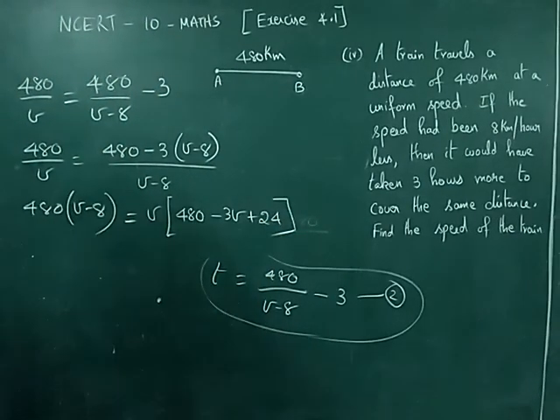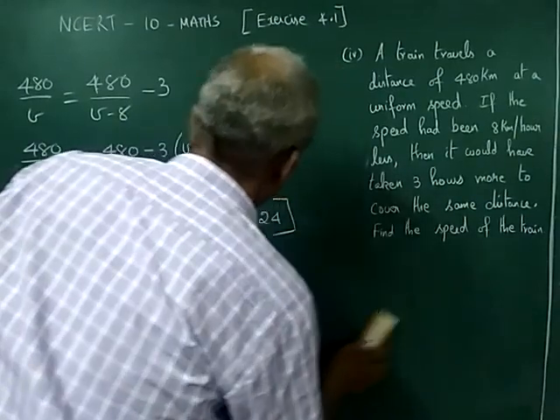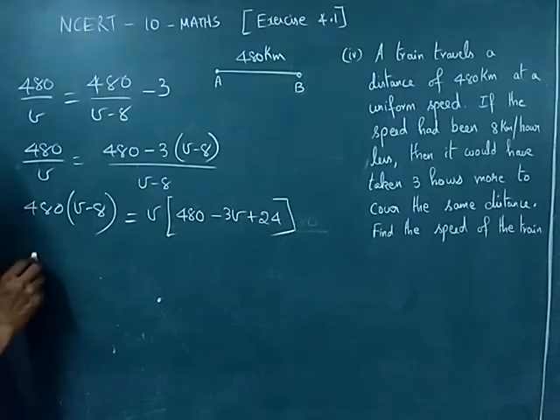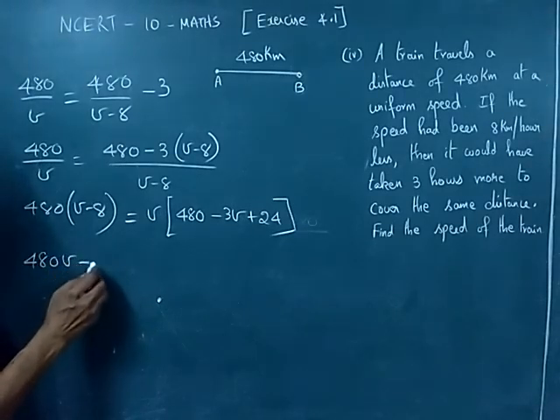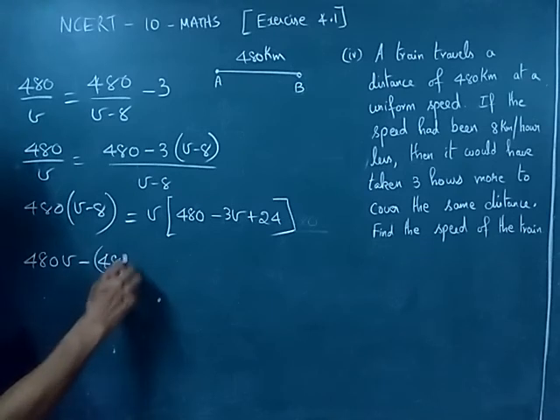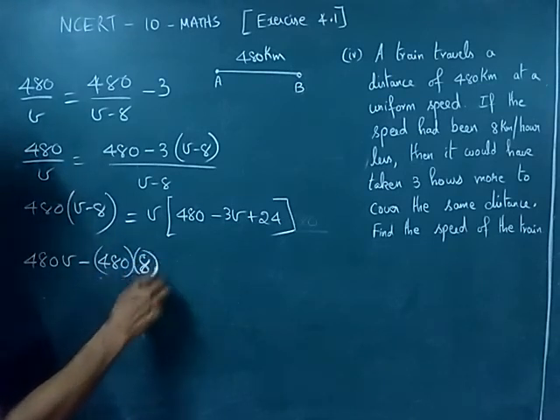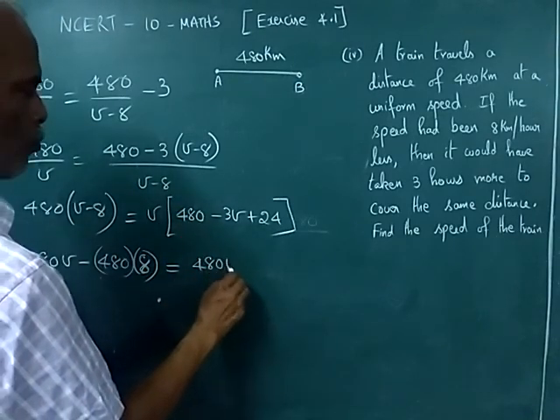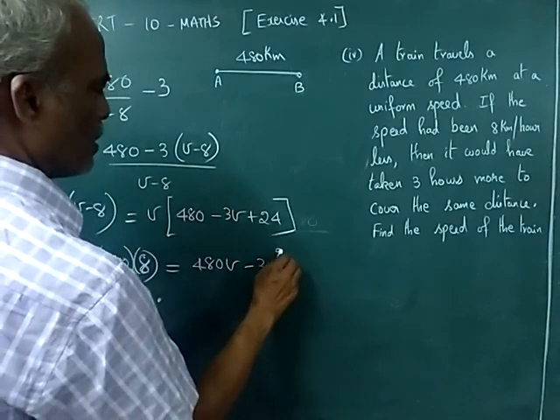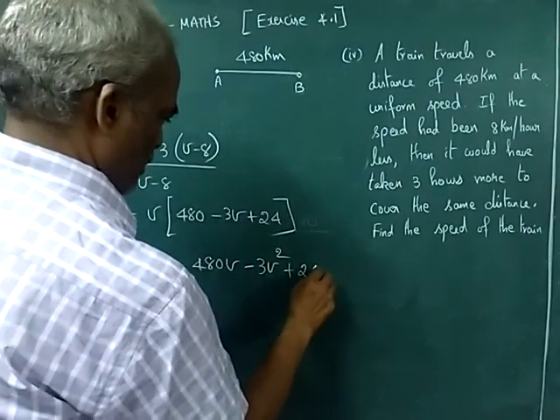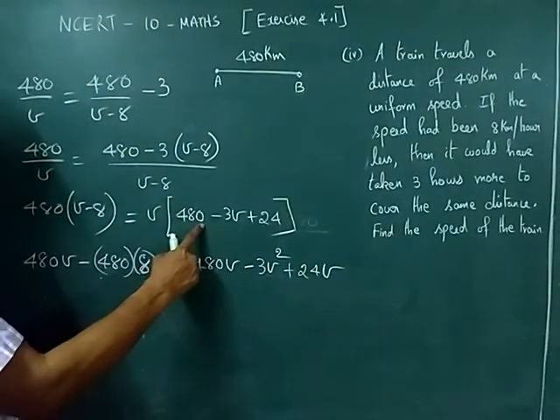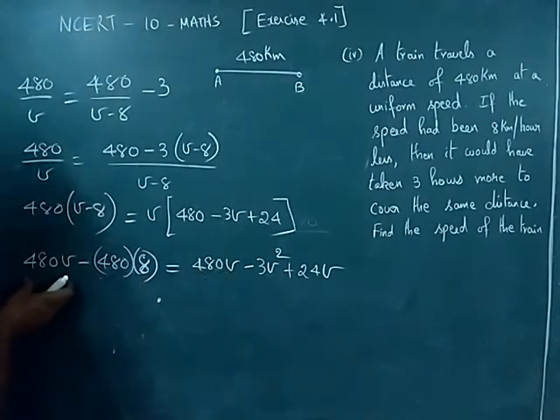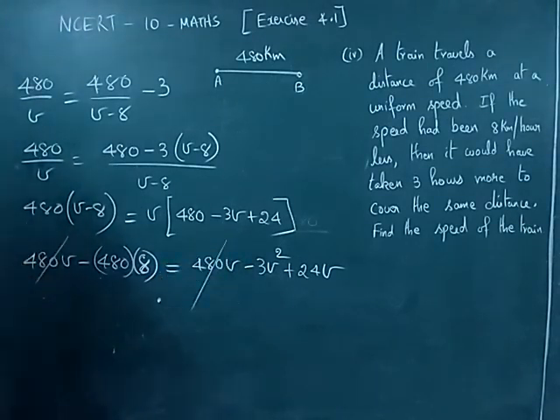Now when you multiply this side, 480V minus 480 into 8. Multiplying the other side, 480V minus 3V squared plus 24V. Now 480V here and 480V here, so these two terms get cancelled.